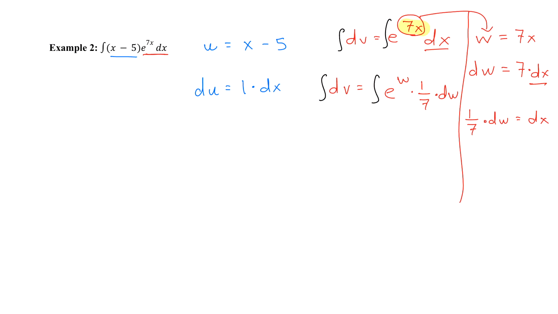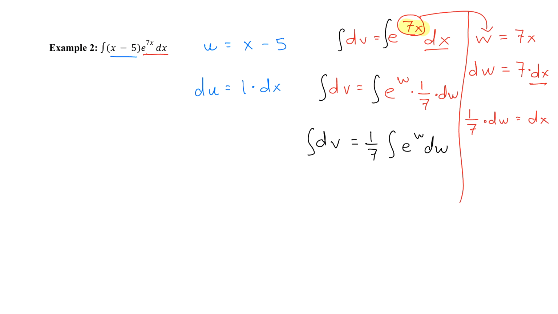So dv, we're still integrating here, is 1/7 times the antiderivative of e^w dw. And we finally have this right-hand side over here as one of those basic elementary antiderivatives that we know and love.